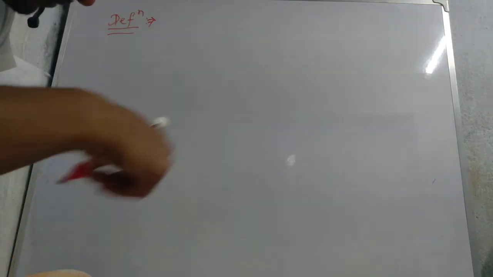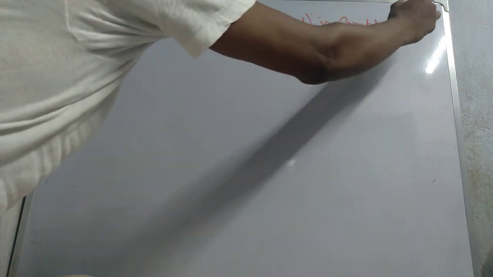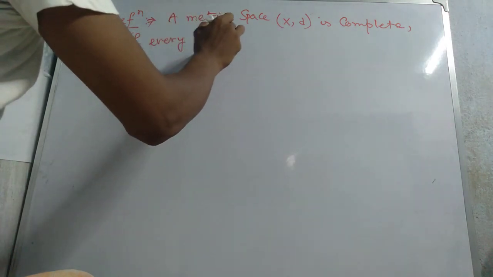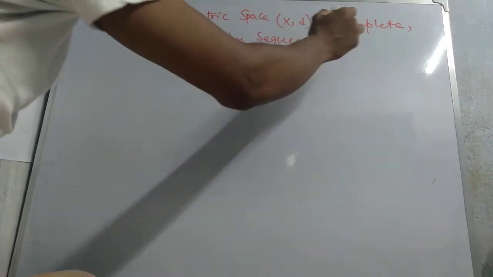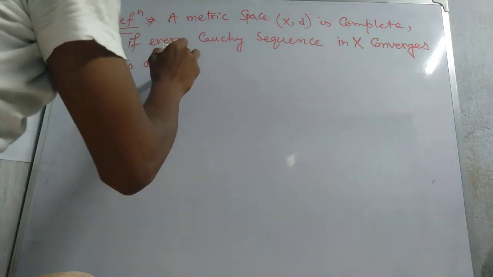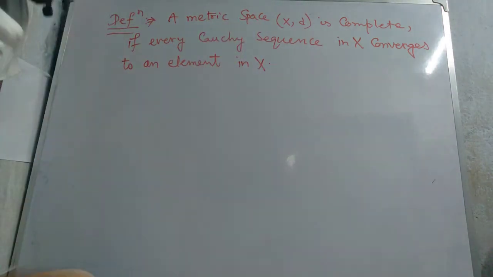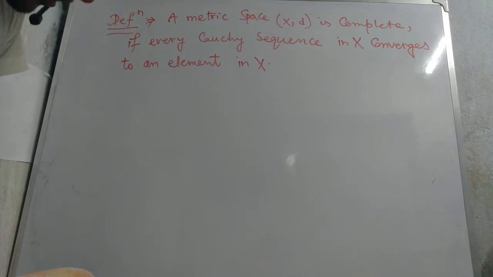The definition of a complete space: a metric space (X, d) is complete if every Cauchy sequence in X converges to an element in X. Now a metric d is complete if the metric space (X, d) is complete.